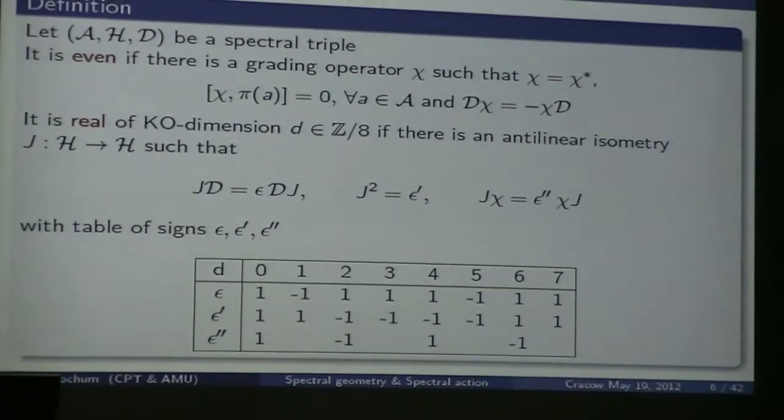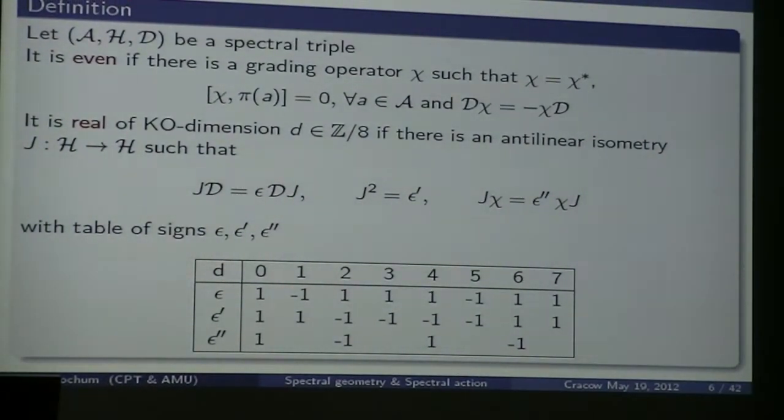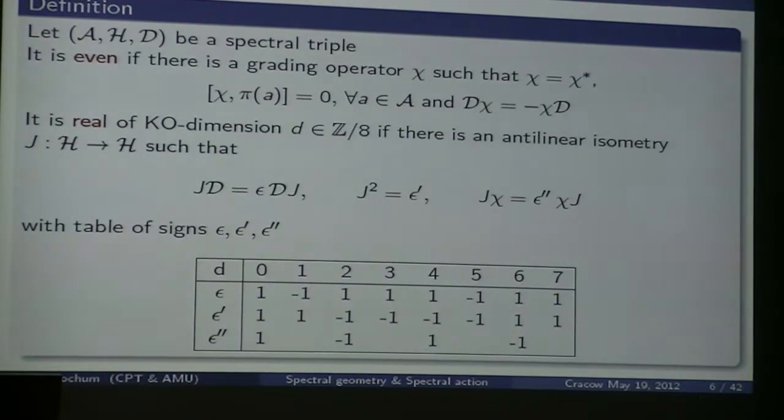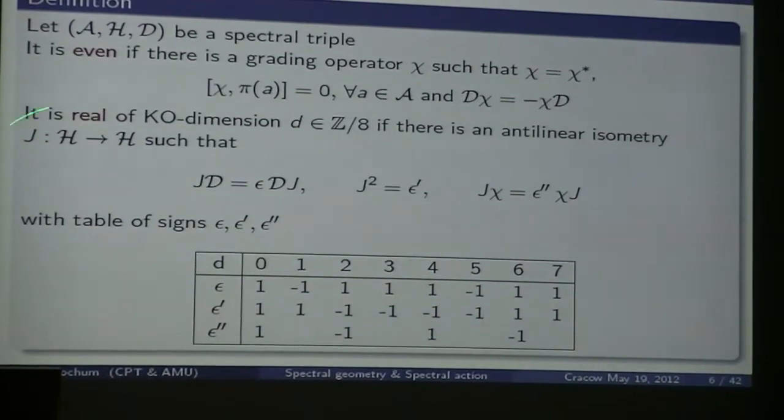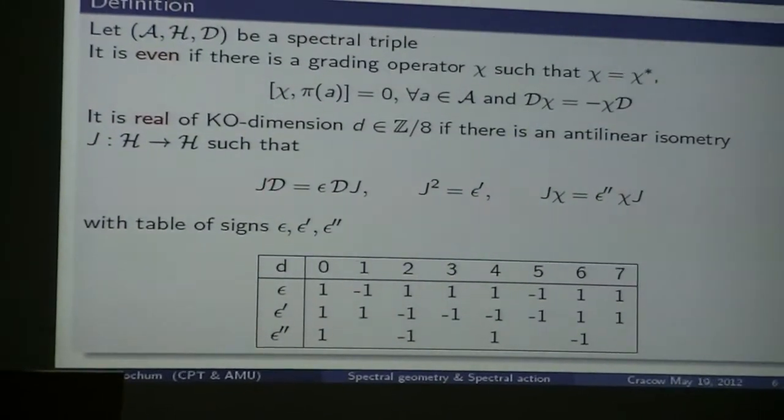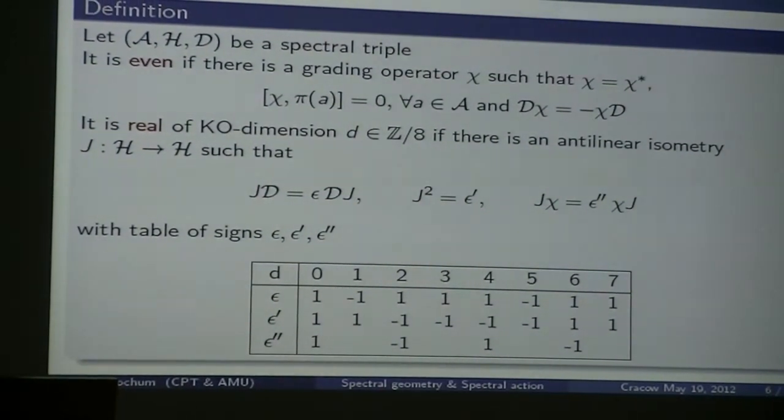So why do we have this? Because you want to mimic the spin situation, so you have to pay attention to the Clifford algebra representation, and we know that there is this famous spin chessboard, 8 by 8, and this is precisely to replace this situation. So nothing else. And this J is actually quite important in mathematics, because it also has an origin in the C-star approach in algebra, as it comes from the Tomita-Takesaki theory.